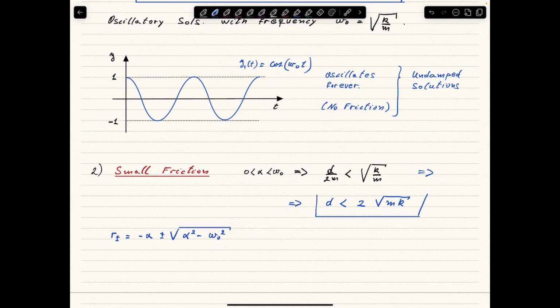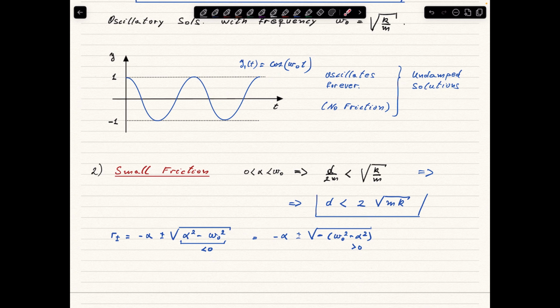So when we have small friction, what is happening is the condition of small friction means that this number here is negative. And we are going to write that number as negative alpha plus minus the square root of a positive number, which we are going to write it as omega 0 square minus alpha square. Now this number is positive, but with a negative sign on the front.